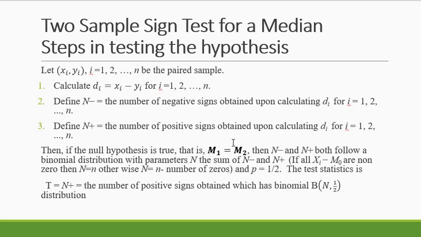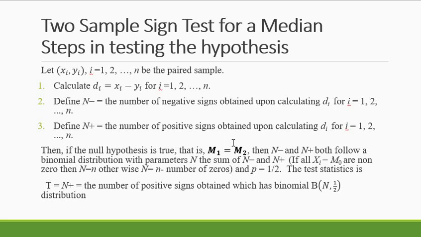That is the difference of the first set of observations and the second set of observations, the first population observation minus the second population observation. As usual, we count the number of positive di and negative di, and take N minus as the number of negative di and N plus as the number of positive di.